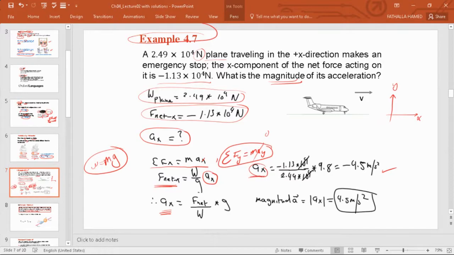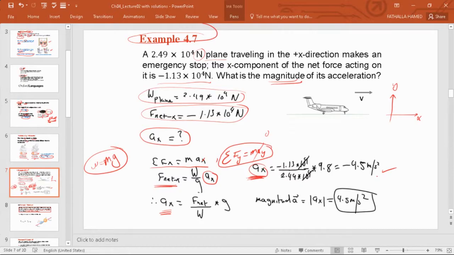Now, note that this is your ax, meaning the x component of the acceleration. And it's minus here. And you know, you want to stop. So you want to go from some velocity along the x to a final velocity equal to 0.